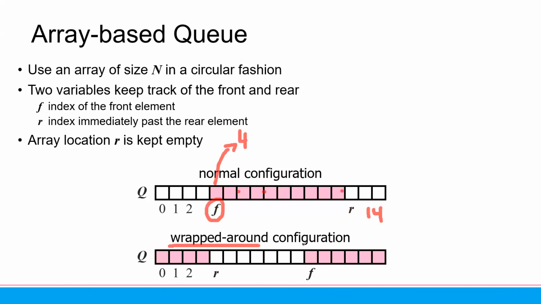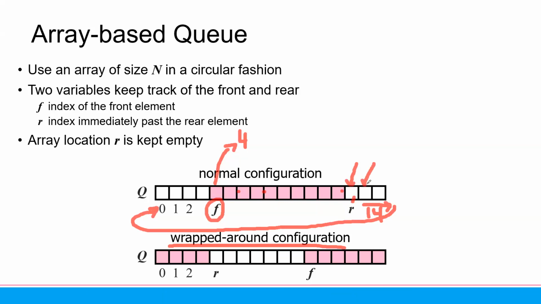We can have the wrap around configuration. It means if R is already at the end of the array, it will go back to index 0. So that's the meaning of the circular version. If R is now in index 14 and we have another element, then R will go to index 0 because it is empty.